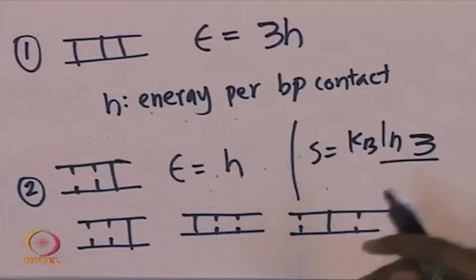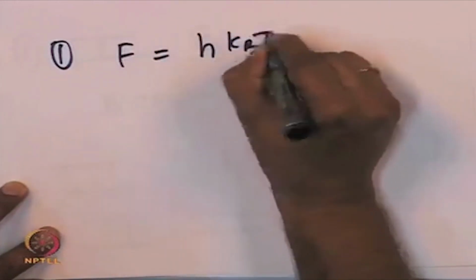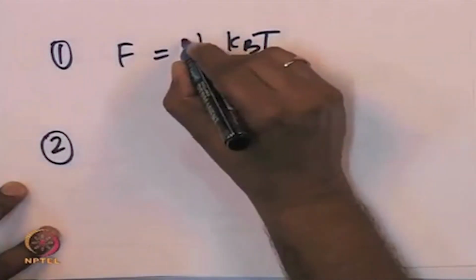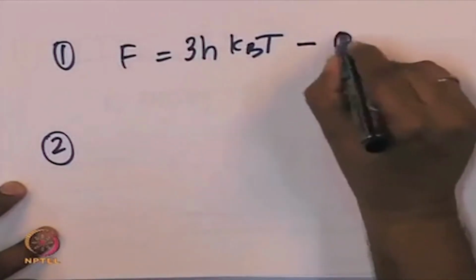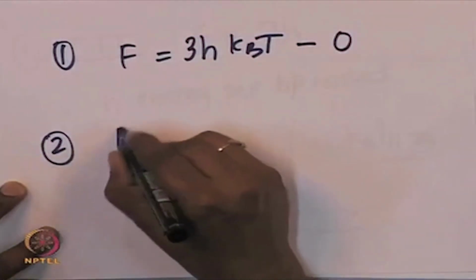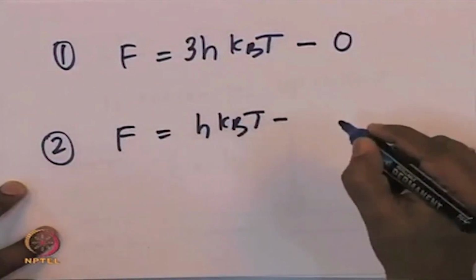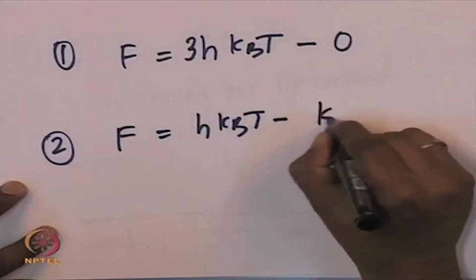So, for case 1, the free energy will be 3 H kBT, because there are 3 bonds and entropy is 0, and for case 2 the free energy is H kBT minus kb log 3, which is kBT.